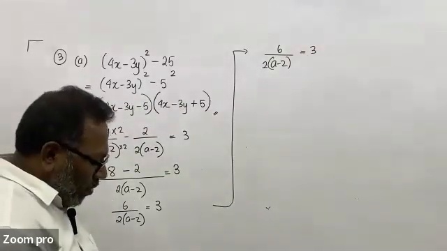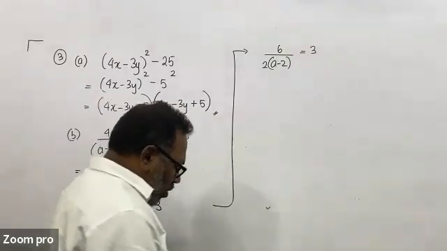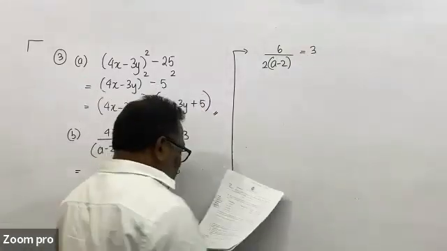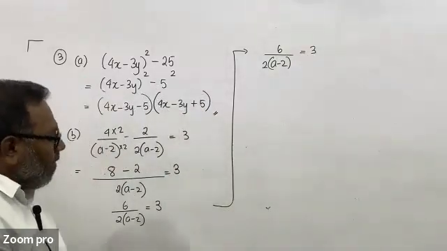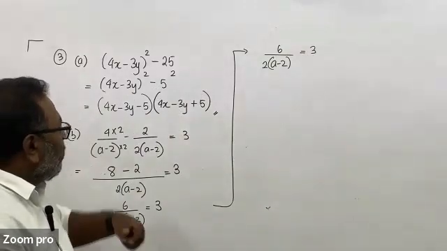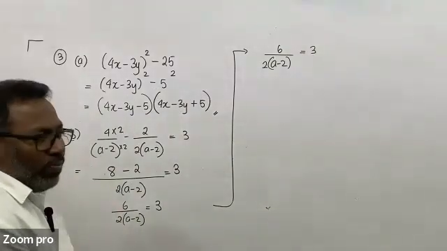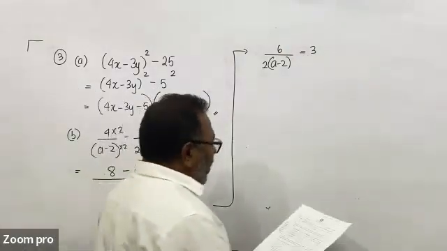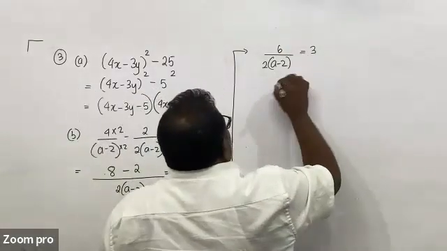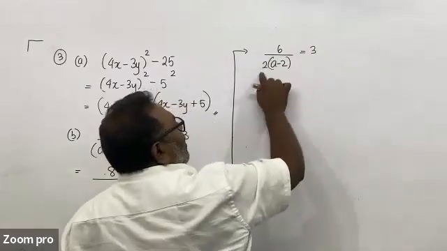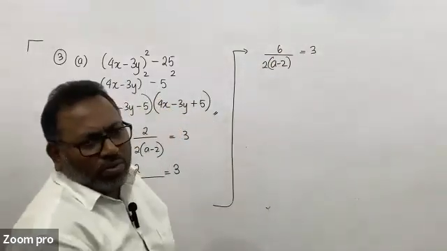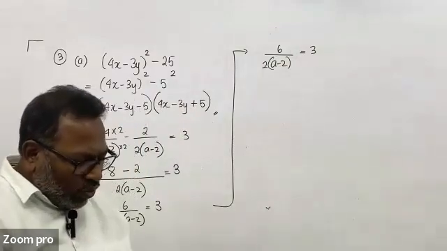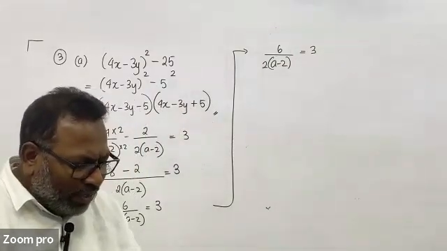Okay, so now what do you do? You multiply. So you can just take it up and multiply. So what do you have here? You can actually simplify this 6 and 2. Can you see? The 6 and 2, if you simplify, what do you get?